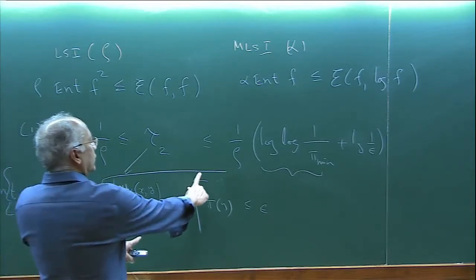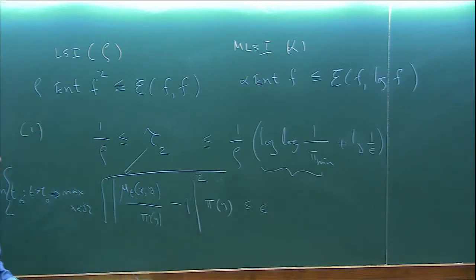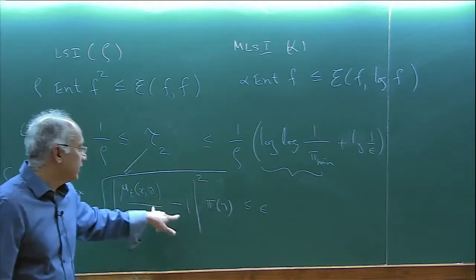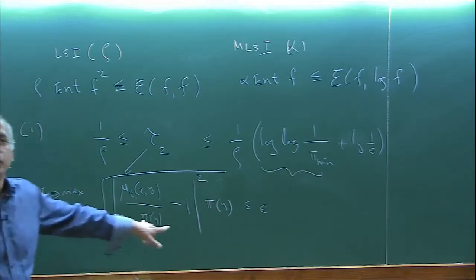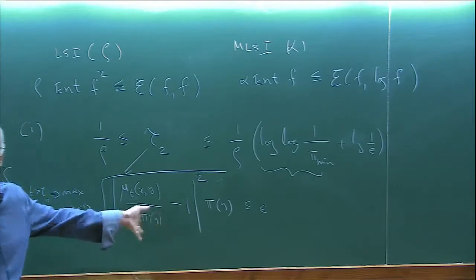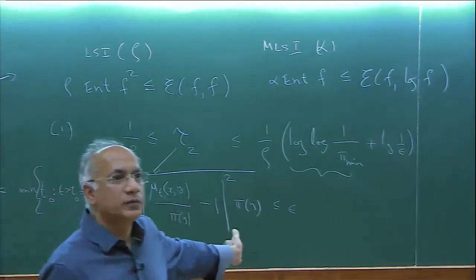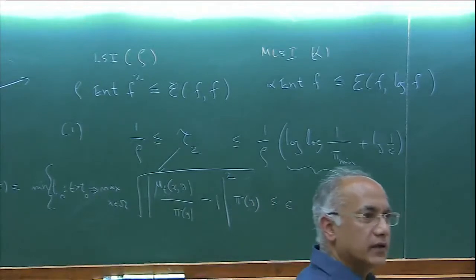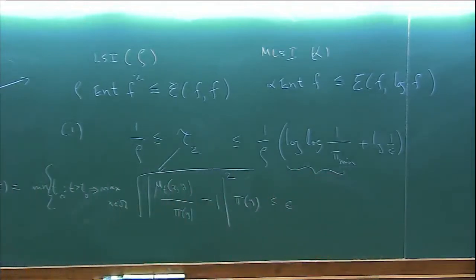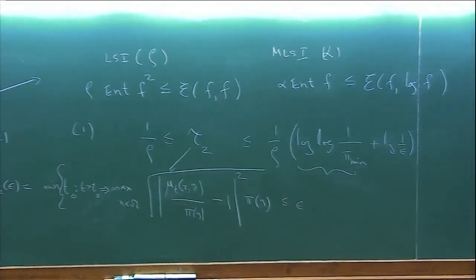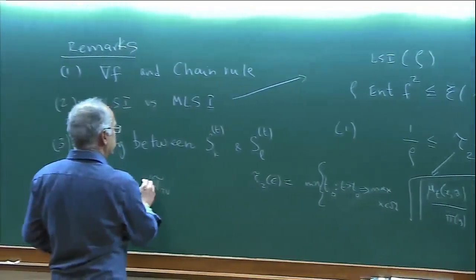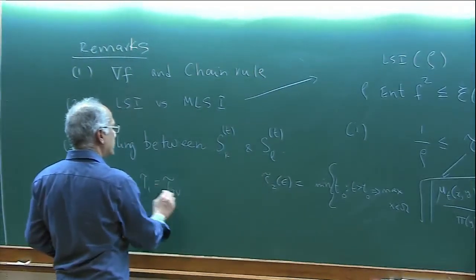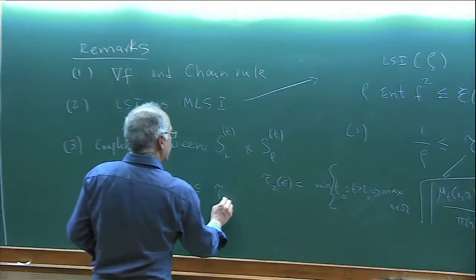If I took the one norm here, this would cancel with that and you get the total variation. So tau 1 would be total variation, up to some factor 2. So this mixing time, which is in general tau TV, the same as tau 1 up to a factor of 2, is smaller than tau 2.